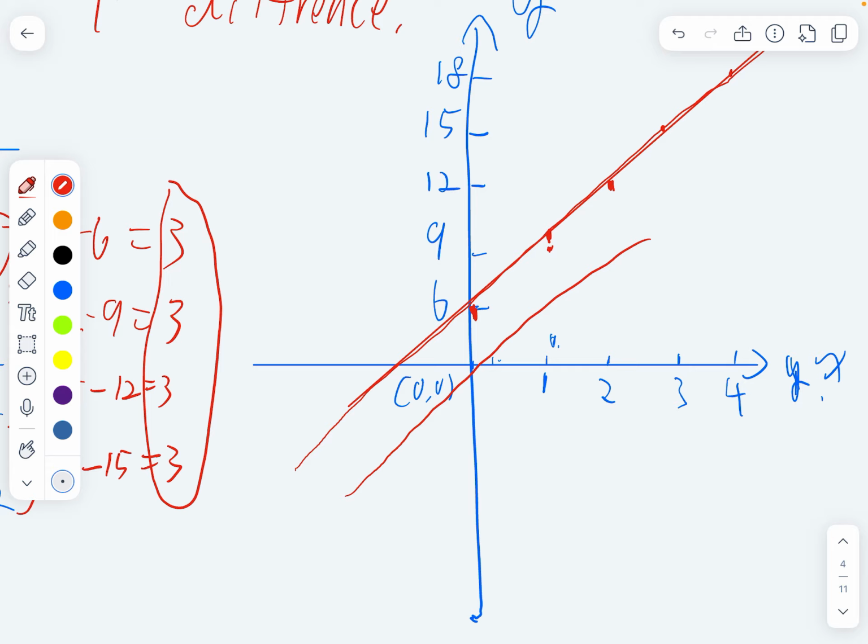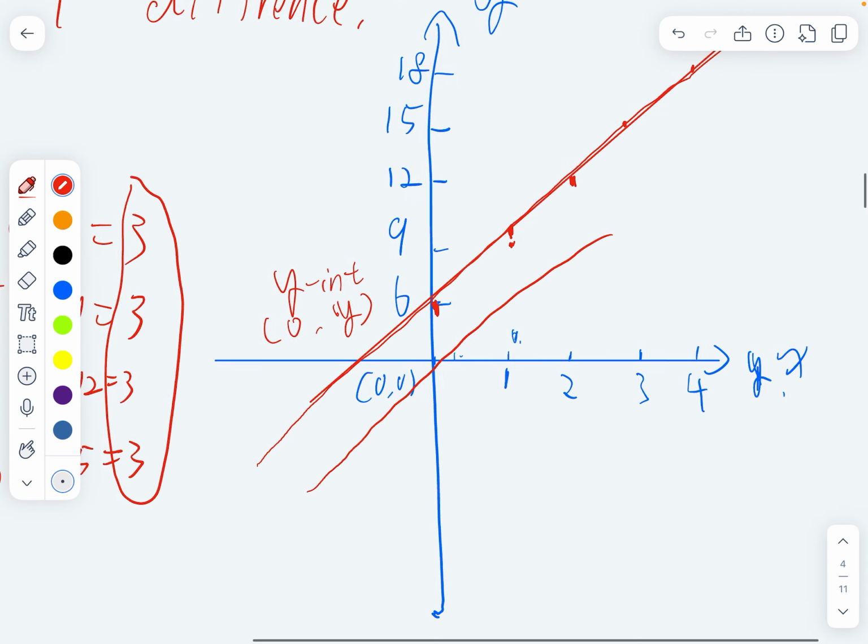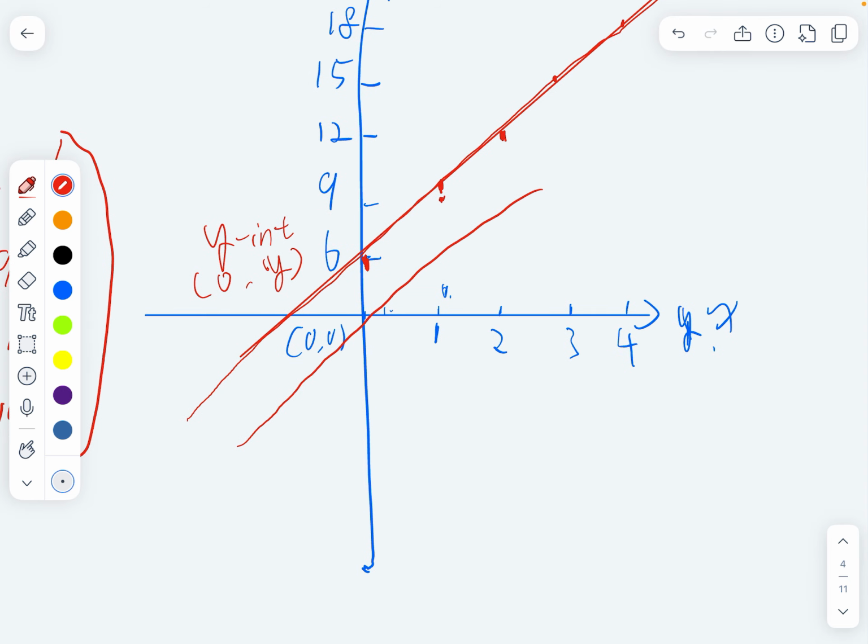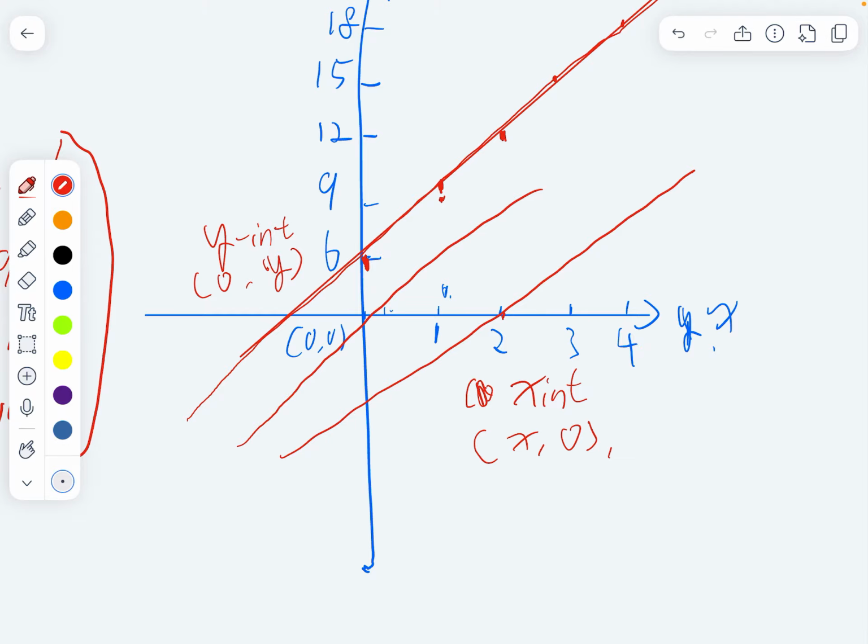So we call this the y-intercept, 6. That is where the x value is 0 and the y value is 6. If the line crosses like this, there is also the x-intercept. That means the x value is something and the y value is 0.